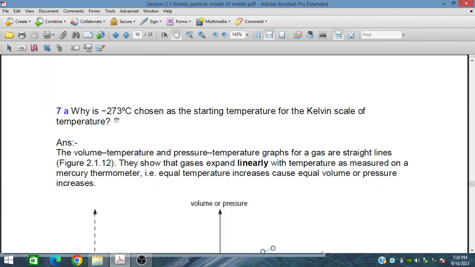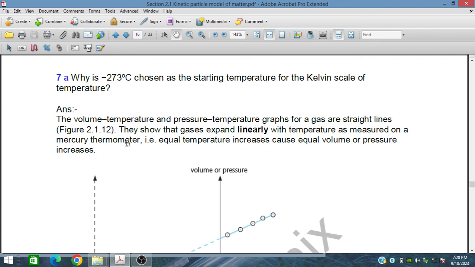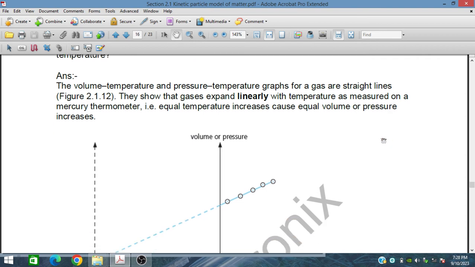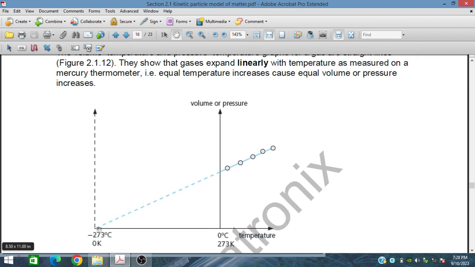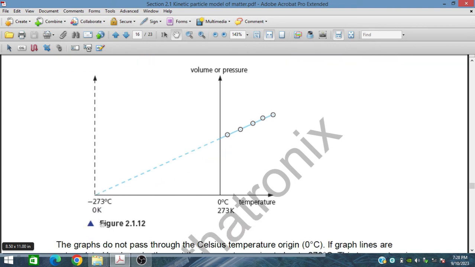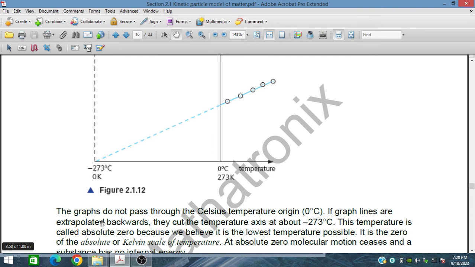Why is minus 273 chosen as the starting temperature for the Kelvin scale of temperature? The volume-temperature and pressure-temperature graphs are given here, and they show the linear expansion. At this temperature we assume that the internal energy of the matter becomes 0.